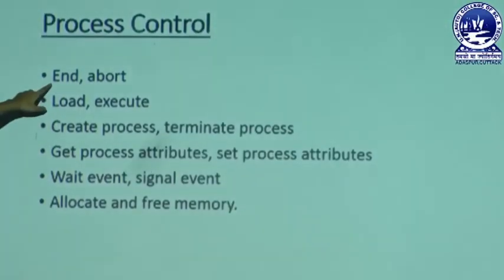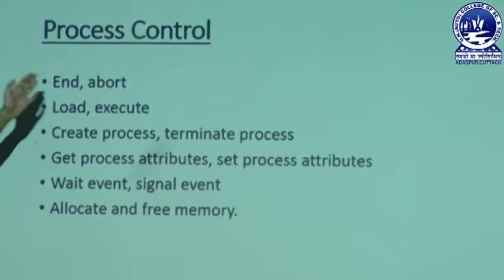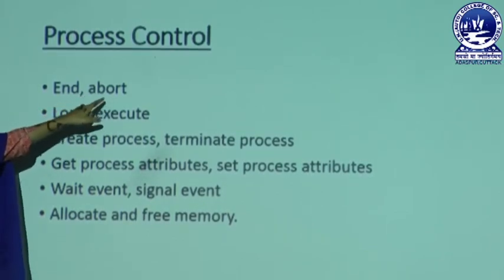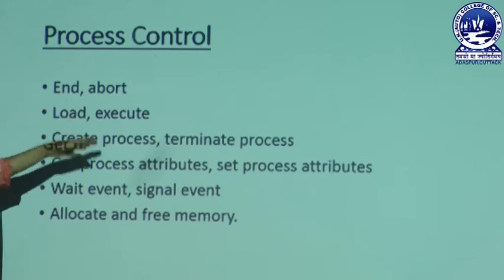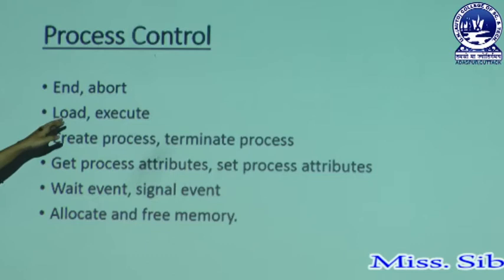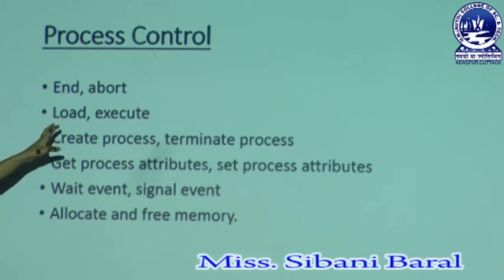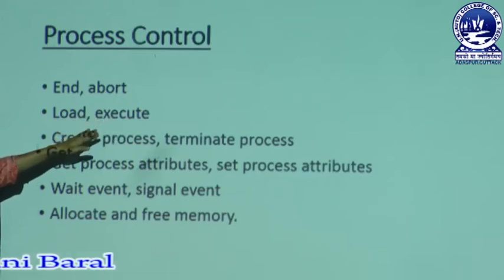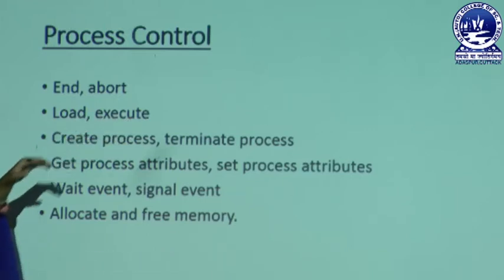If a process terminates normally, the system call used is called the end system call. The abort system call is used when the program terminates abnormally. Load means loading a program into main memory, and executing a program is done using the execute system call.